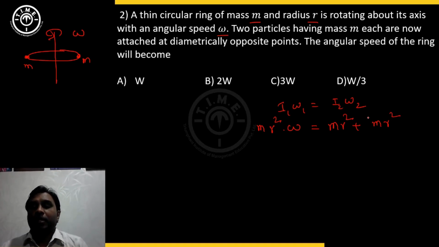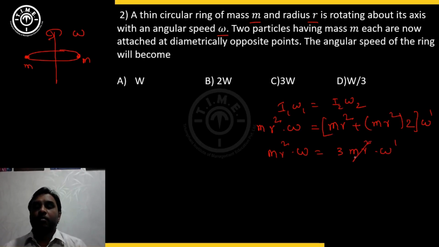So two particles, into omega prime. Again mr square into omega can be written as 3mr square into omega prime. So mr square gets cancelled, left with omega prime is omega by 3.